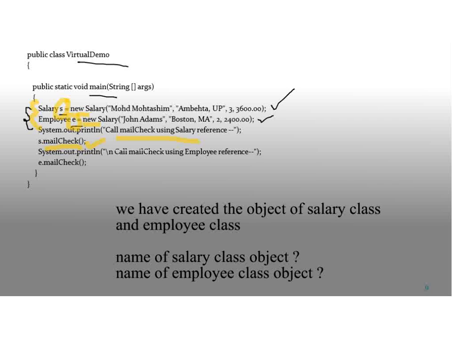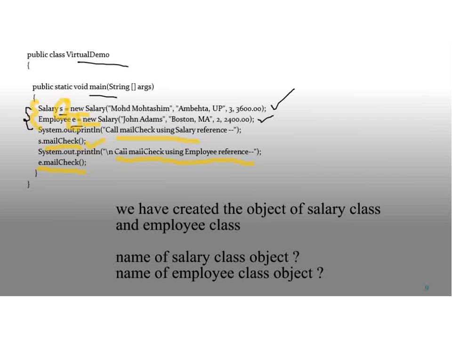So this statement will be printed, and after that s.mailcheck. Then we are calling this method by using the object of salary class, and then this statement will be printed, call mail check using employee reference, and then we are calling the mail check method by using the object of employee class.